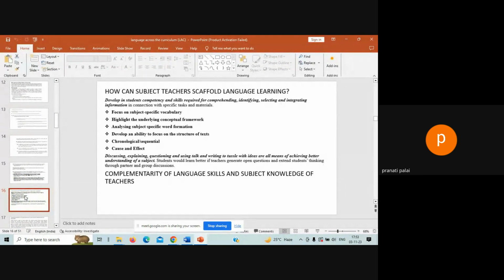Our pattern, our mode of instruction, our questions, and our assessment criteria should all be open-ended. Here the child will get enough space to express his ideas as compared to close-ended discussion.